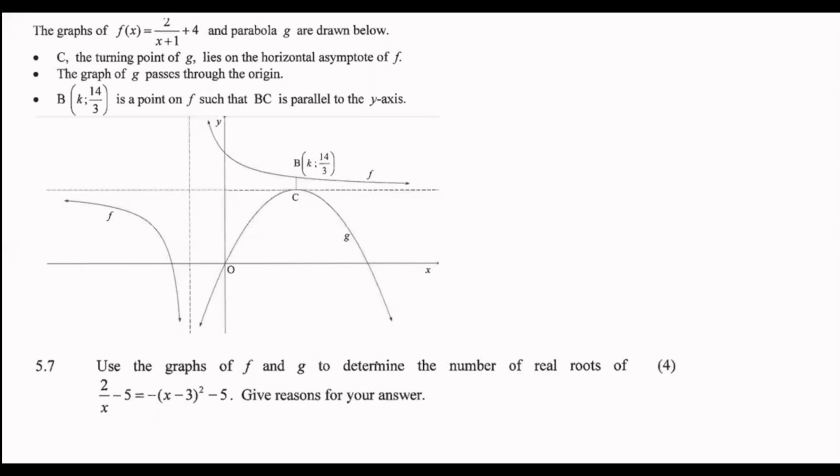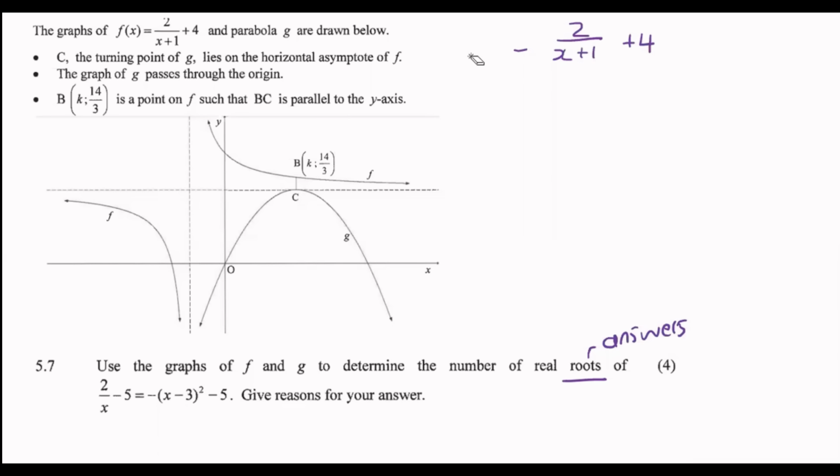Use the graph of f and g to determine the number of roots. Roots are just answers, pretty much, of 2 over x minus 5 equals that. Now, what I want to remind you guys is the following. The equation of f of x was equal to 2 over x plus 1 plus 4.